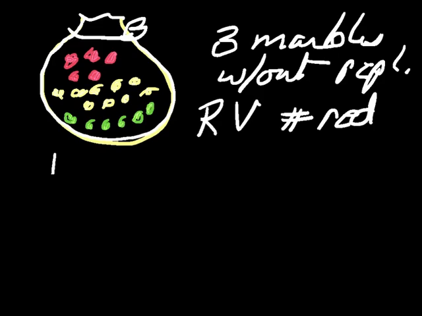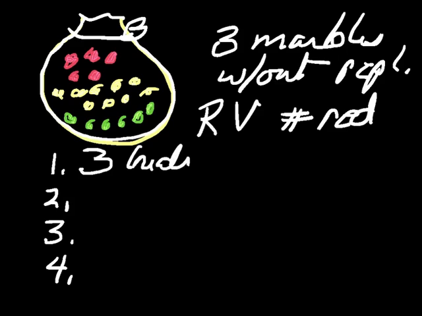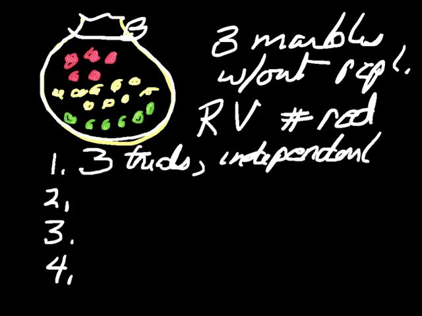So what we have to do is go through the 4 conditions. Alright? So condition number 1 was there is a fixed number of trials. And the answer is yes, there were 3 trials. We were going to draw 3 marbles out. But they also had to be independent. Are these going to be independent trials?